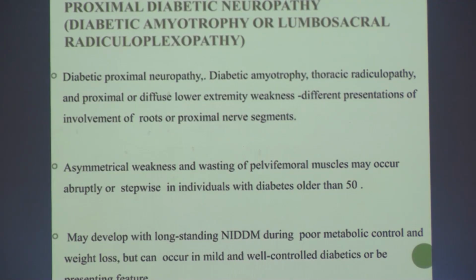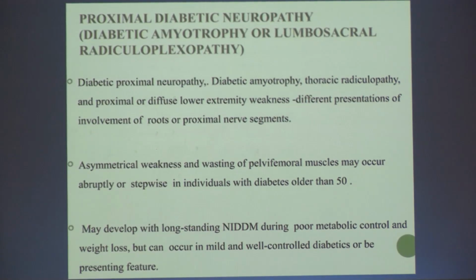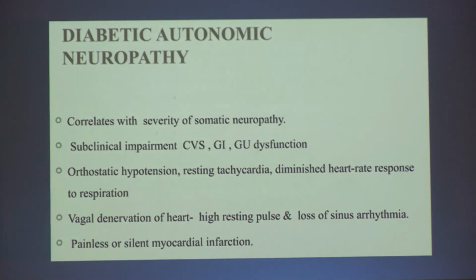So diabetic proximal neuropathy that is related to the lumbosacral radiculoplexopathy associated with weakness of the muscles of the hip, thigh, quadriceps, hamstrings, etc. and loss of the concerned reflexes develop usually in the setting of long-standing diabetes mellitus. The weakness is asymmetric and wasting is proximal.